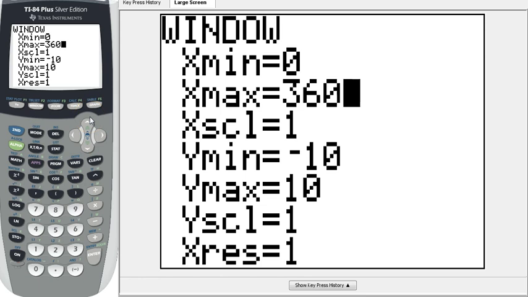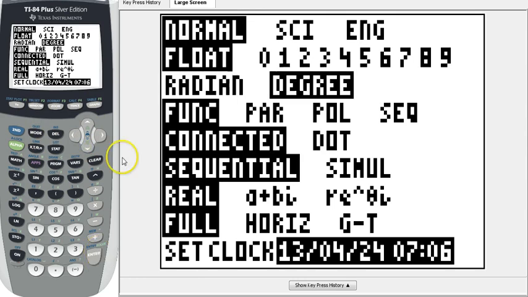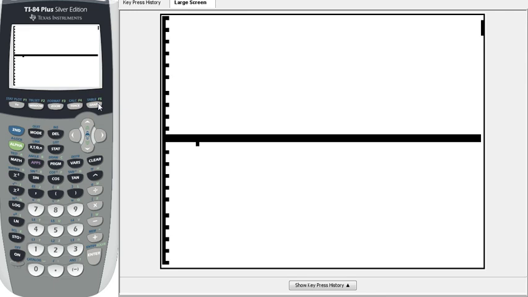I want to look at 2 pi and see, and then figure out what the period is. And then I want to change my mode to degrees. Make sure you do that, or else you're going to get something weird. If you get something weird, that's probably what happened. So I graph this, and I look at it. Okay.